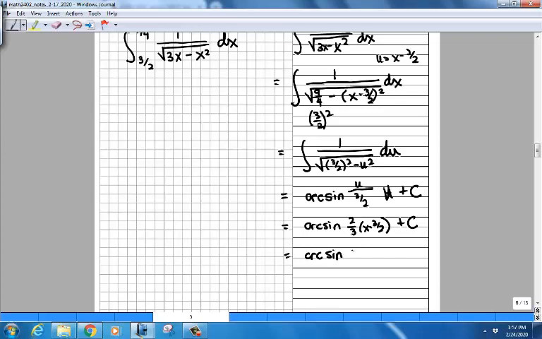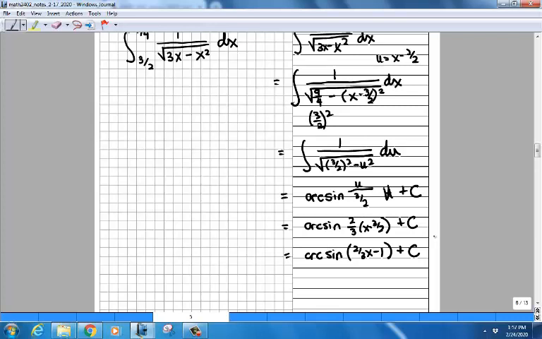If you multiply the 2/3 in there, now you get arcsine of 2/3 x minus 1, because 2/3 times 3/2 is 1, plus a constant. So that is the antiderivative. I didn't make a mistake there, did I? Dividing by 3/2, same as multiplying by 2/3. u is x minus 3/2. Multiply through there, you get 2/3 x minus 1. So there is our antiderivative.